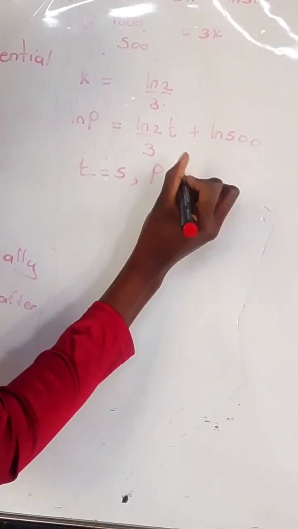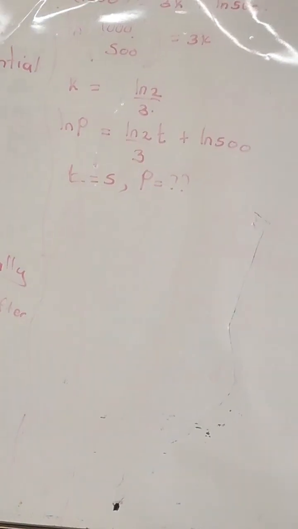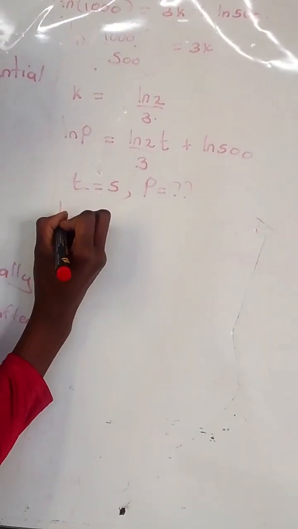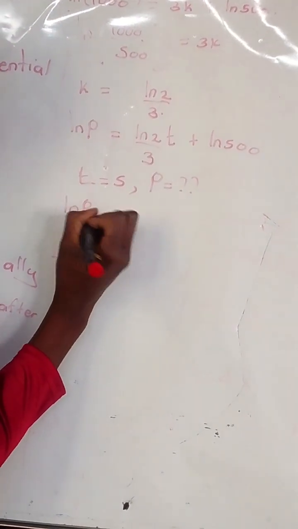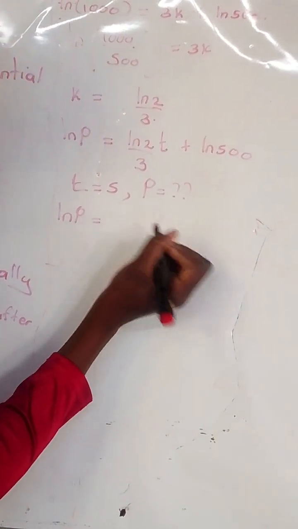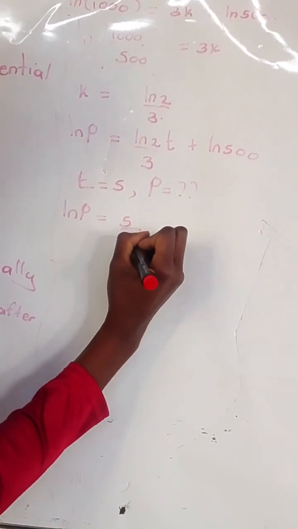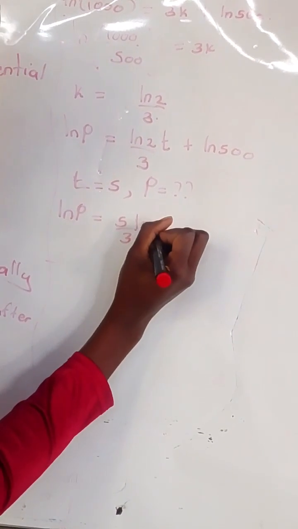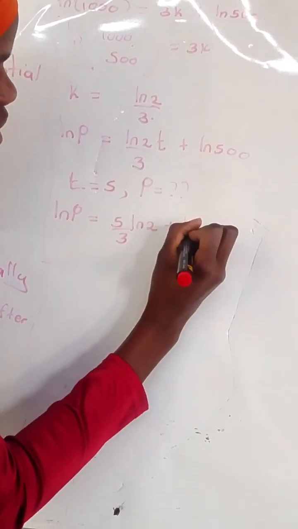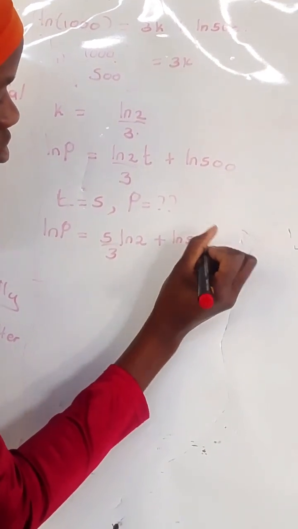P is unknown. Here you can substitute in: ln P equaling 5 over 3 ln 2 plus ln 500.